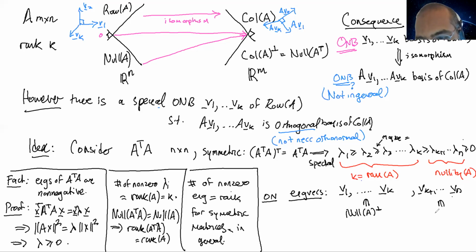Because the zero eigenvectors lie in the null space of A transpose A, which is the same as the null space of A. The zero eigenvectors are in the null space, that's just what it means. And the non-zero eigenvectors are in the orthogonal complement of the null space, otherwise known as the row space.